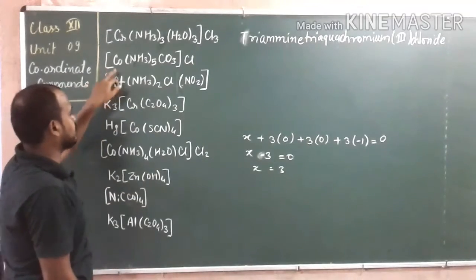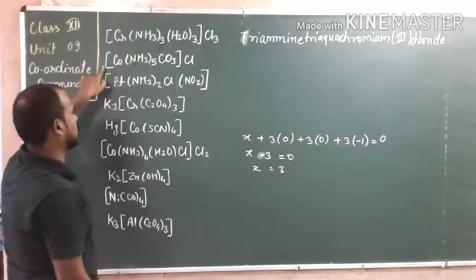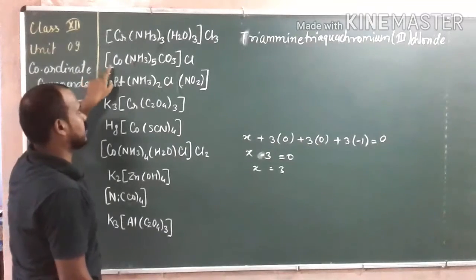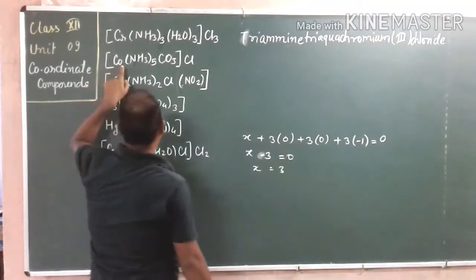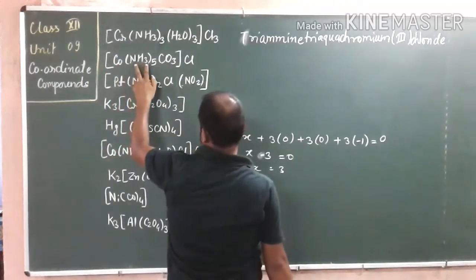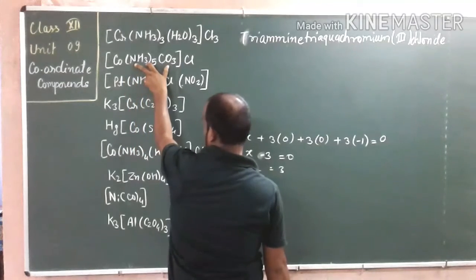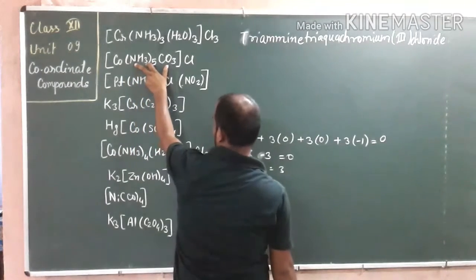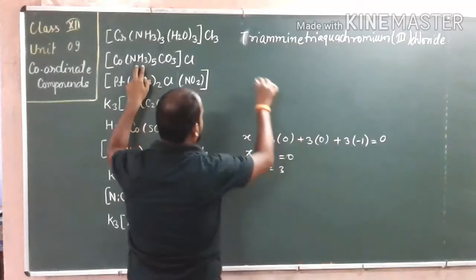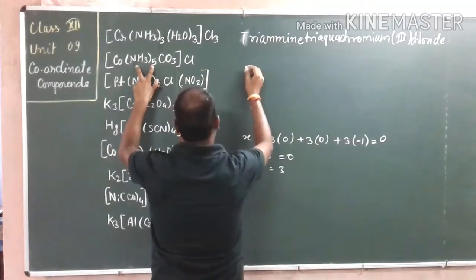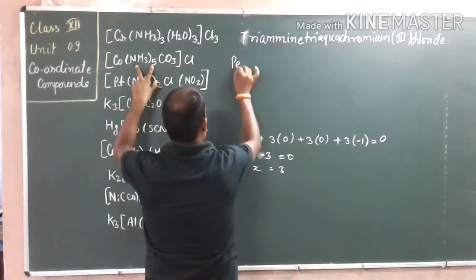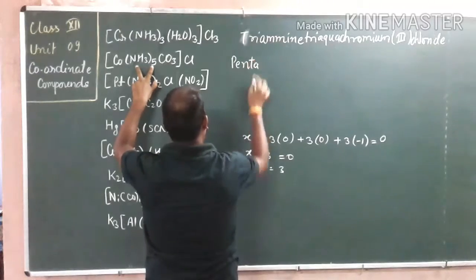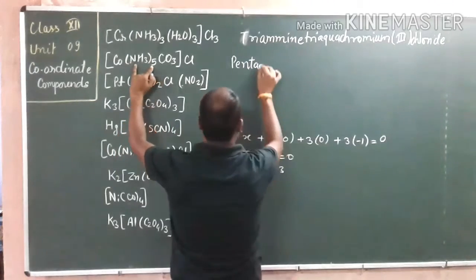Now come to the second. So again there is nothing before the square bracket, so this one is a cation. So first we will write the name of the ligands. This is amine, this is carbonato, CO3, this is carbonate. So amine comes first. The number of amine is 5, so it will be penta. For 5 it is penta.